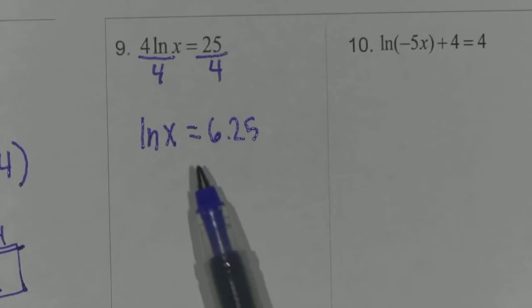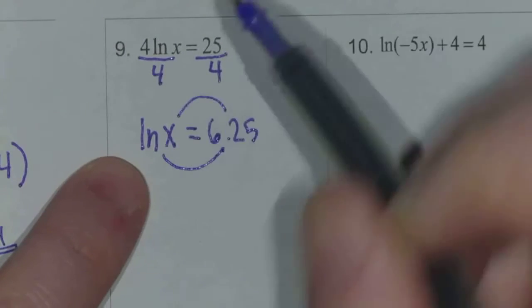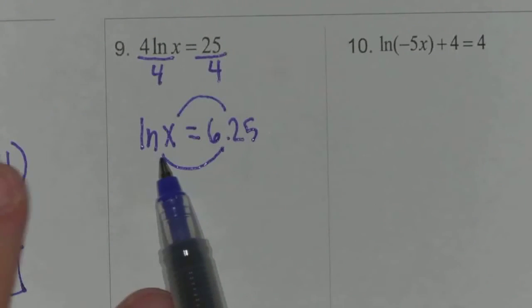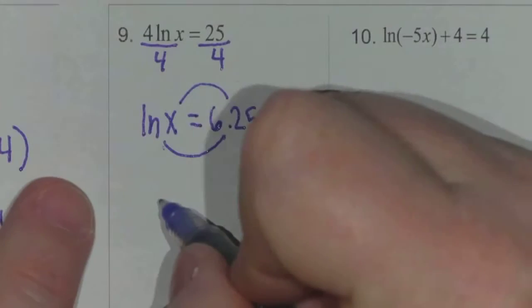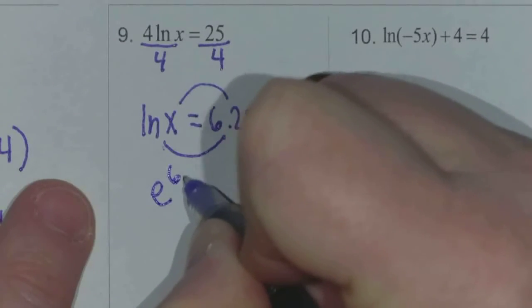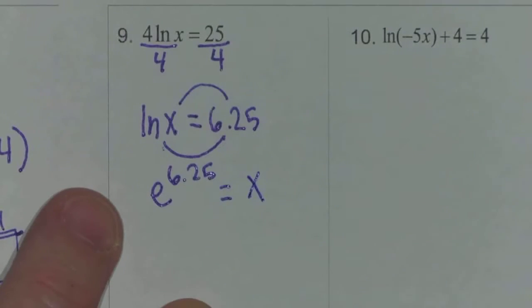Okay, what base is the ln in? So when I circle this around, I got it figured out. The base is, 10 is for the log. What's the base on the ln? E. You're right. So it's e to the 6.25 equals x.